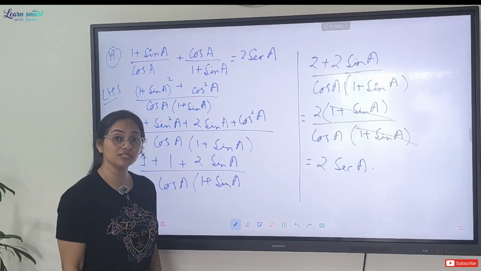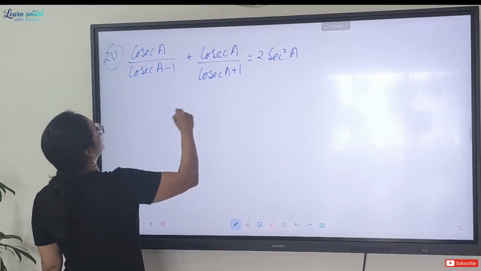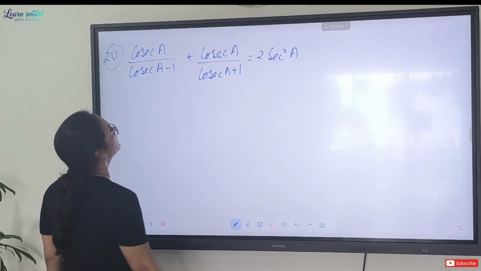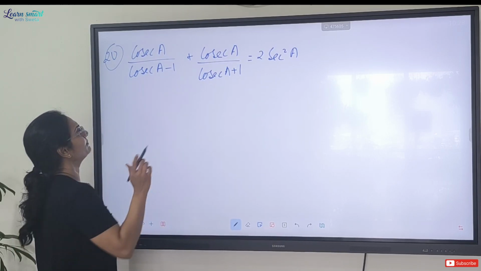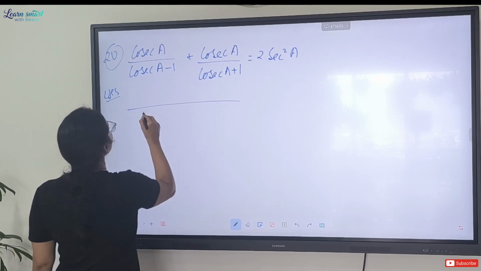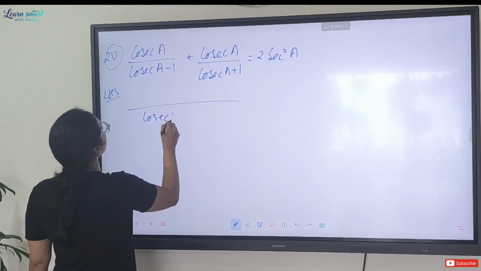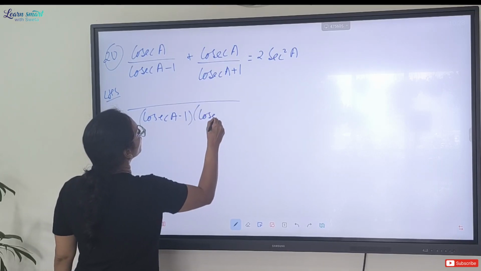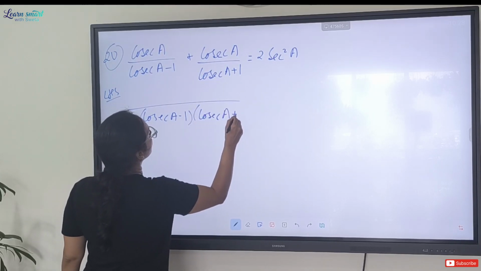Let's see the next question, question number 20. So here, we will not write first, we can see that this is cosec A minus 1 into cosec A plus 1. Let's take the LCM and try to solve. So, if we take the LCM, what we will get? Cosec A minus 1 into cosec A plus 1.